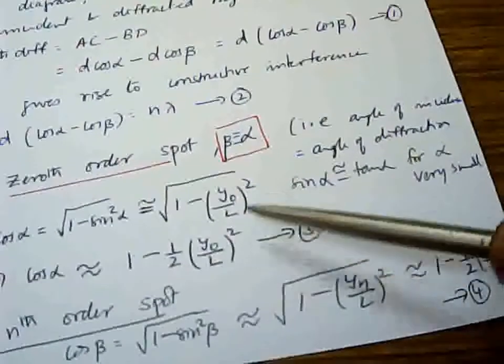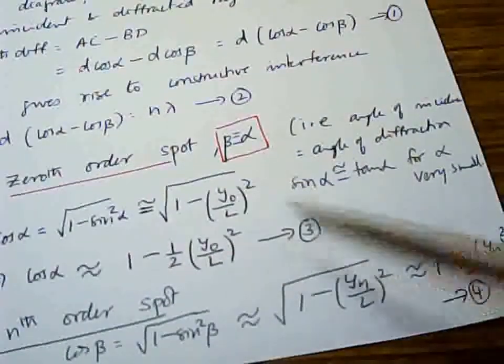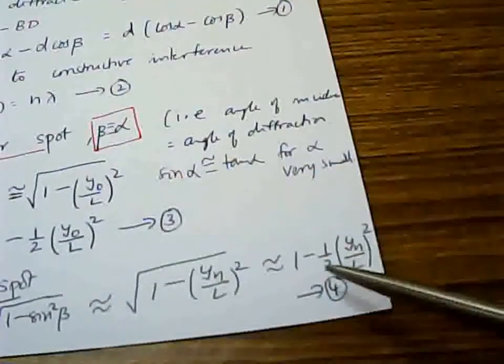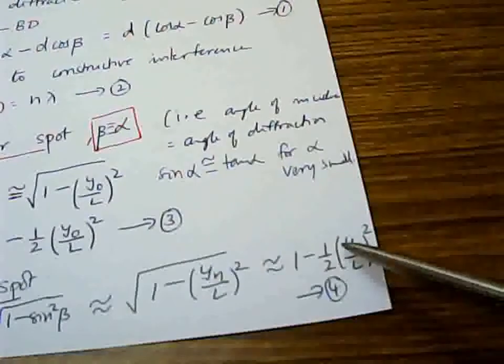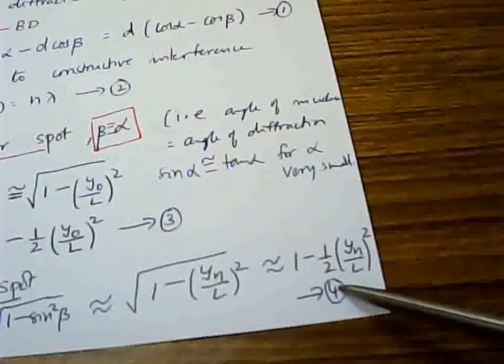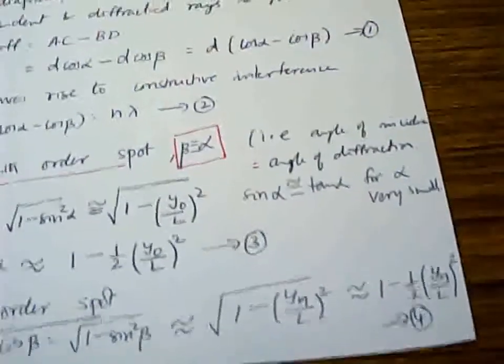The only difference between these two equations is that instead of y naught, here you have yn. So this also, as before, will approximate to 1 minus half into yn by L whole square, which I call equation 4, and the previous equation I called equation 3.